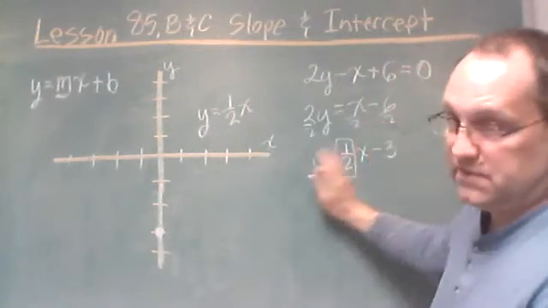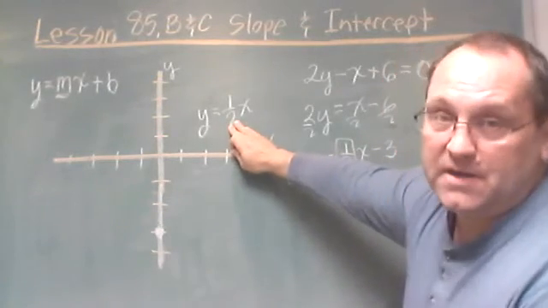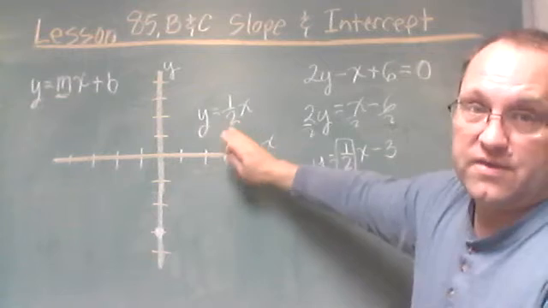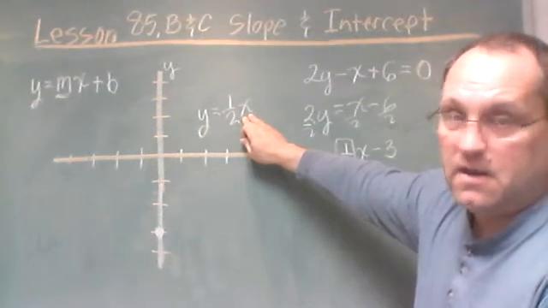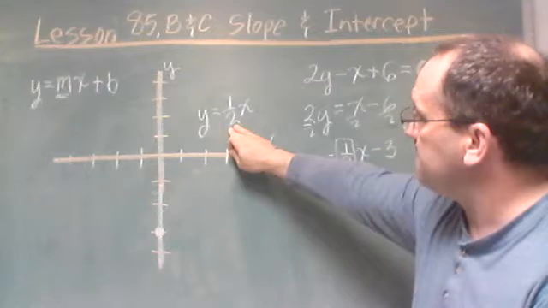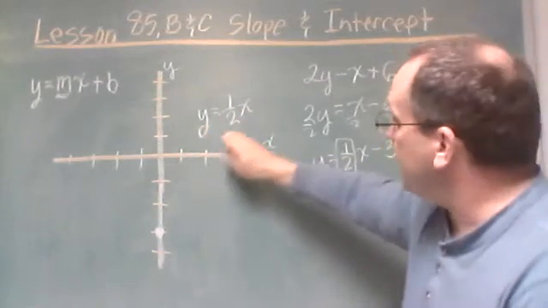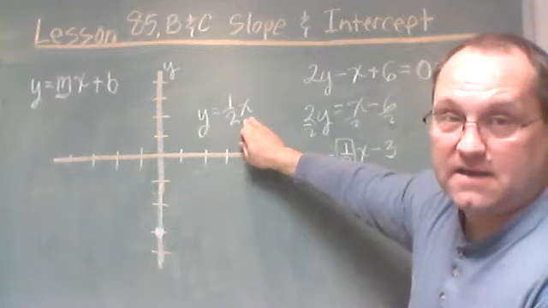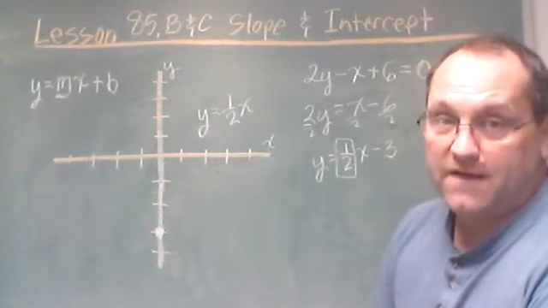When I put a value in for x, let's say 1, what's happening to y? y is 1/2 times 1, it's a half. If x is 10, what is y going to be? It's going to be half of that, 5.